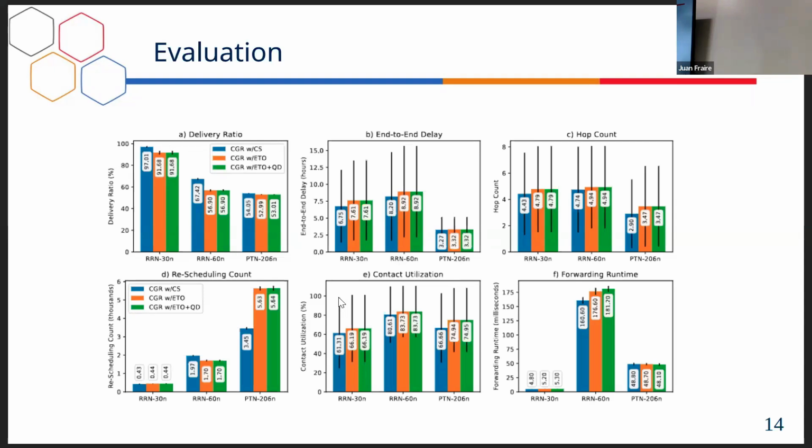It seems that in the contact utilization, contact segmentation results in a lower utilization. Yes. The reason is that with contact segmentation, your routes are more accurate, so you have less rescheduling. It means that you use less bandwidth to make your bundle reach the destination. Okay.